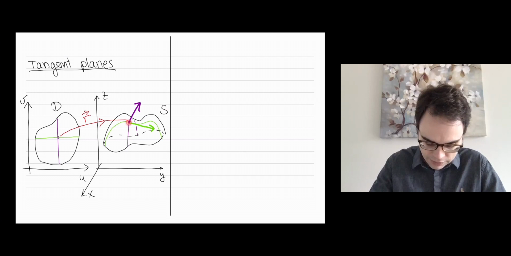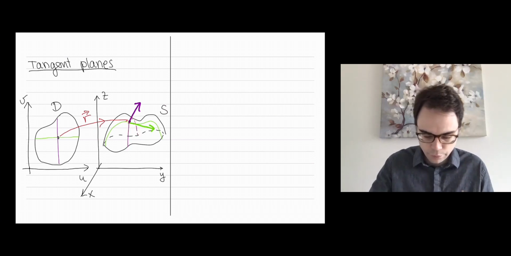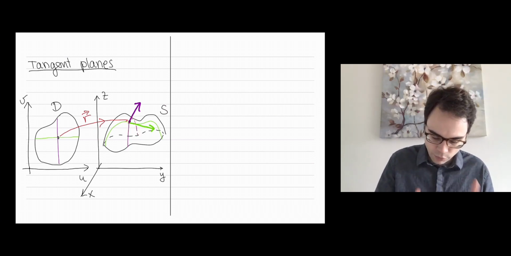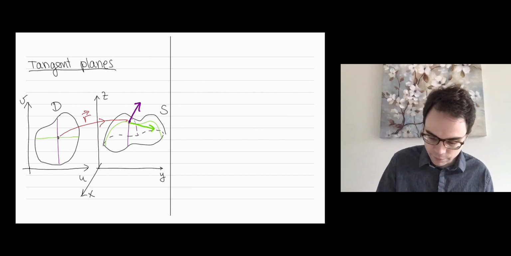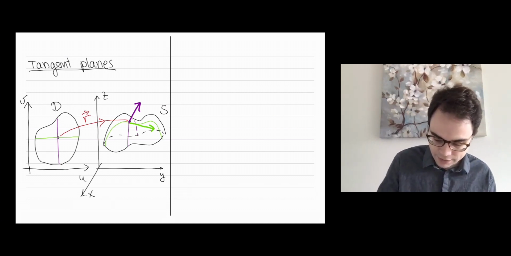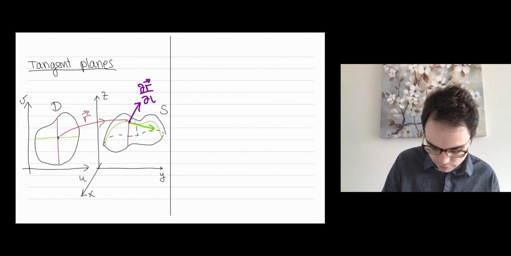So r with u fixed and varying only in v parametrizes this purple curve. If I differentiate that with respect to v, I get the velocity vector of this purple curve.